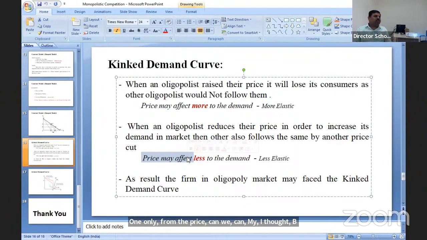पहिल्या कंडिशन मध्ये काय होत होतं? ए फर्मने प्राइस वाढवली म्हणून त्याचे कस्टमर सरळ शिफ्ट होत होते बी कडे. इथे मात्र ए ने प्राइस कमी केली म्हणून बी ने पण प्राइस कमी केली, म्हणून दोघांचे कस्टमर फारसे चेंज होणार नाही.